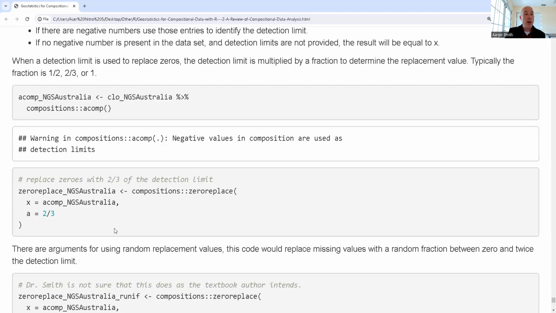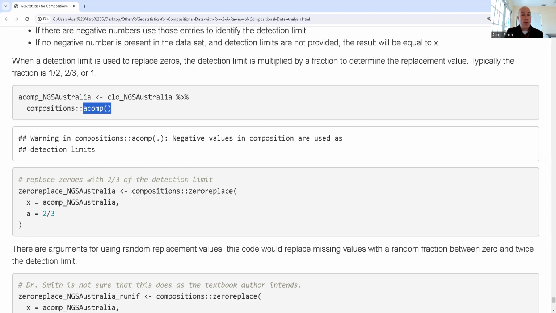All right, so now what I'm going to do is I can use the acomp function to take care of replacing negative values with the 2/3 detection limit value, also replacing the zeros.